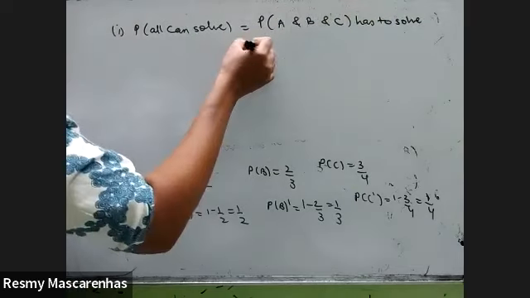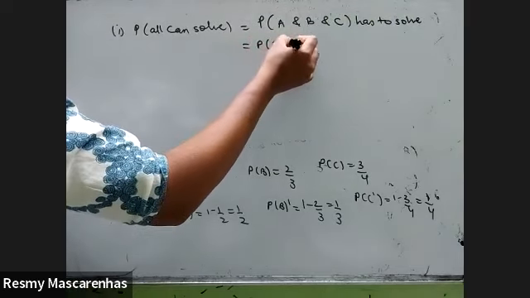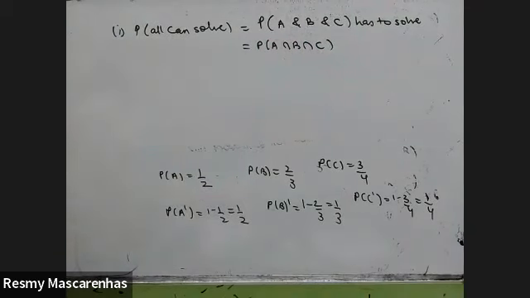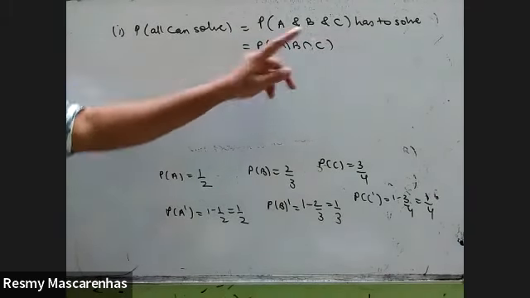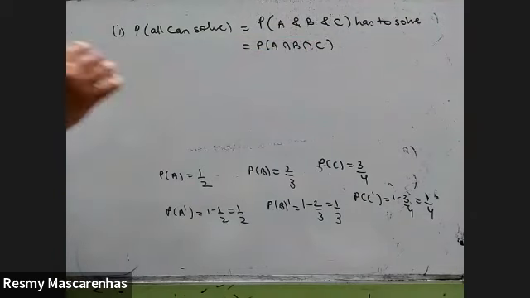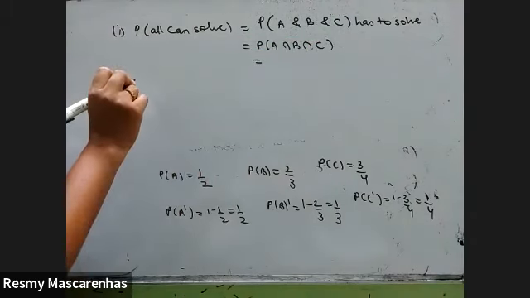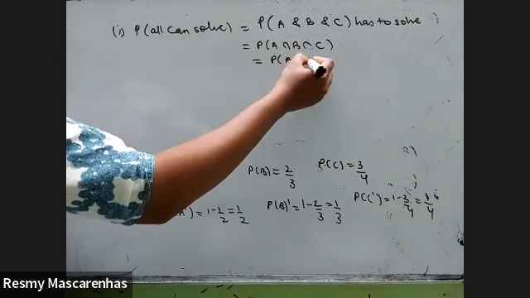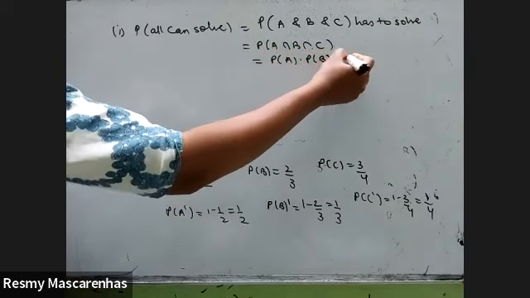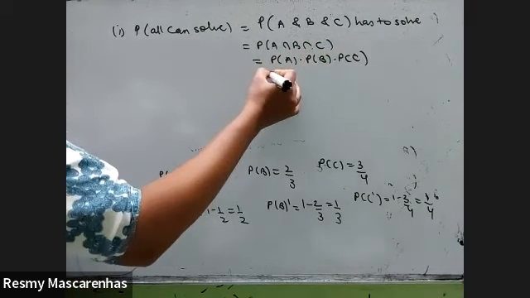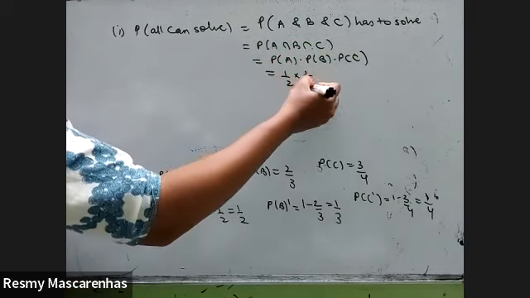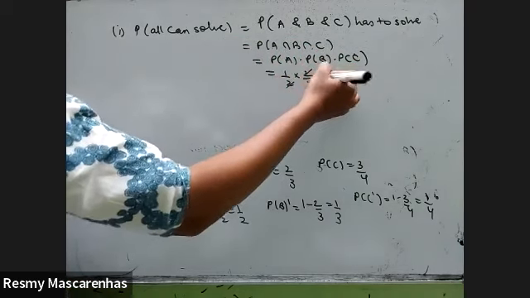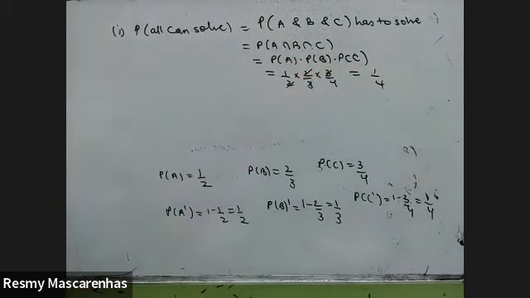So basically you have to find A and B and C. All 3 have to solve. And means intersection. So as per independence, straight away the answer is 1 by 4.